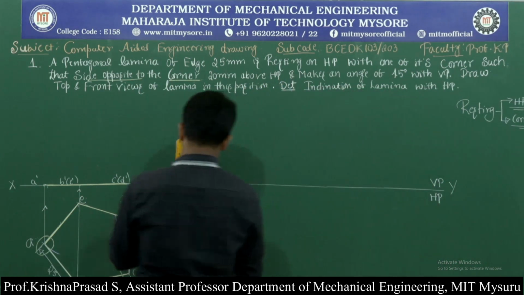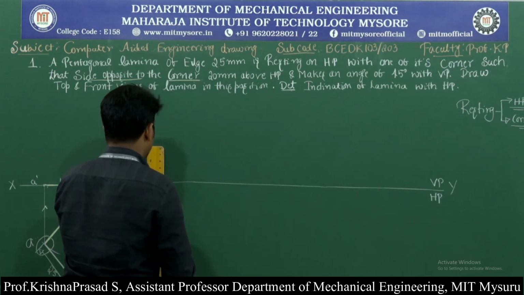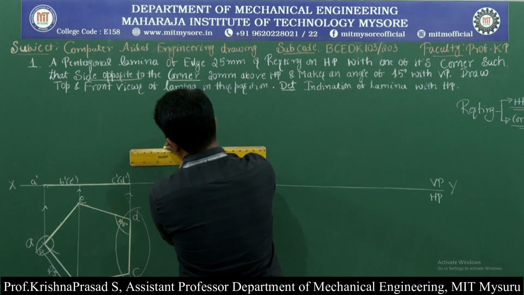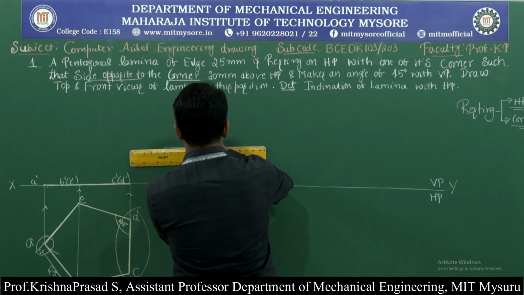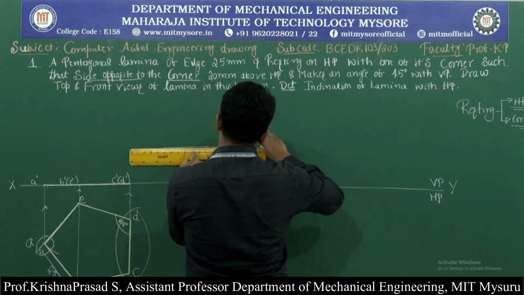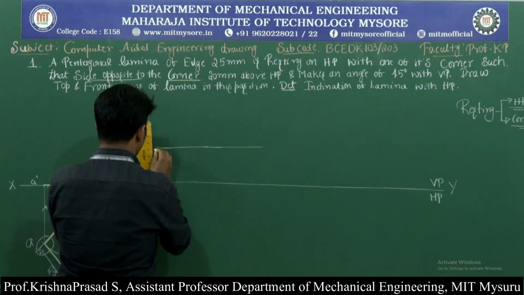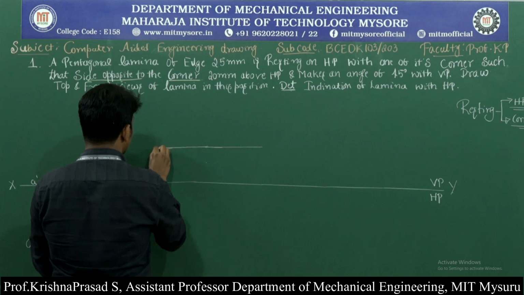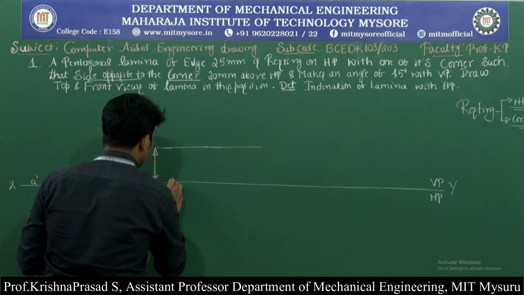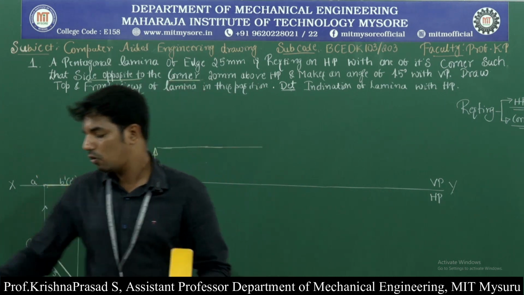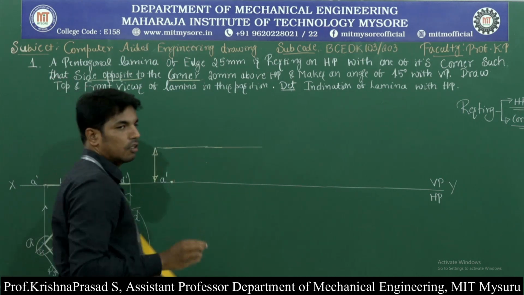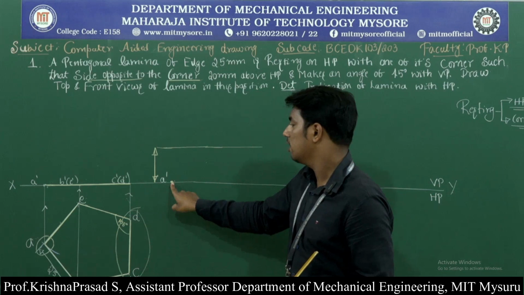So draw a horizontal line 20 mm above the XY line. Mention this dimension as 20 mm, mark the point here, and this is called corner A dash.